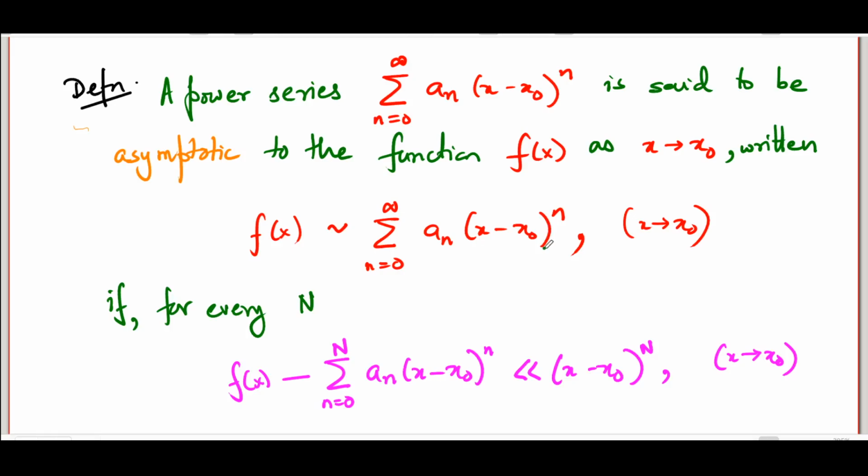Here, when I say last term which you are keeping, I mean just the power of x minus x0. Forget the coefficient. This is how you define a power series to be asymptotic to a function.